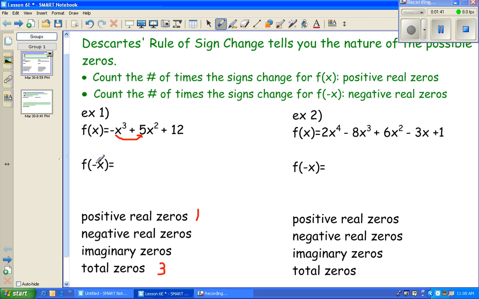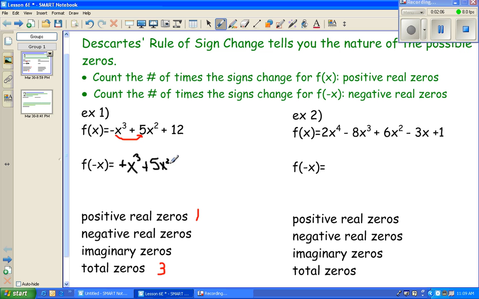Then what you're going to do is plug in -x to figure out the number of negative real zeros. If you plug a -x into x cubed, you're going to get a negative x cubed. If you plug a -x into positive 5x squared, you're going to get a positive 5x squared.